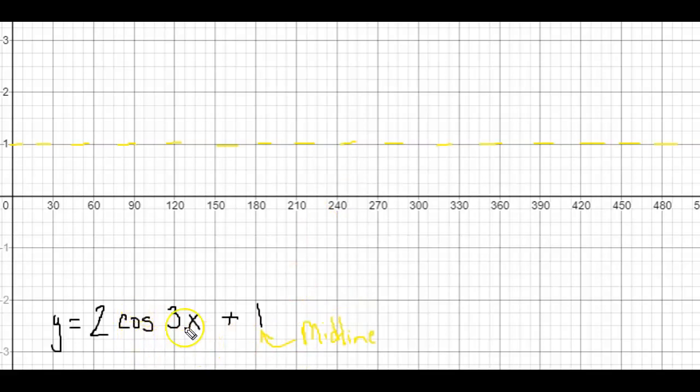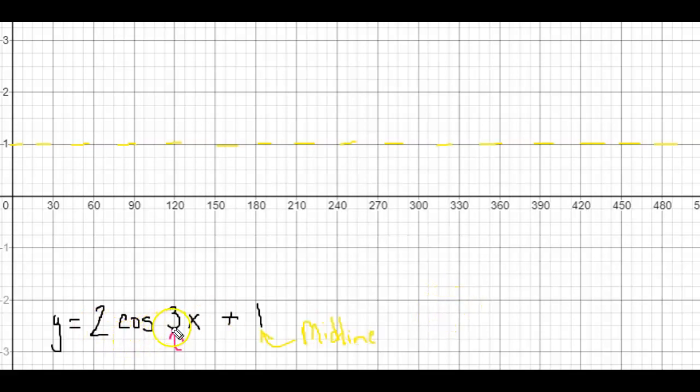I also noticed that I did have an angular speed listed here. So my period is not going to be the normal 360. I'm going faster than that, it looks like. So let's figure out exactly how long it takes to get one cycle done.